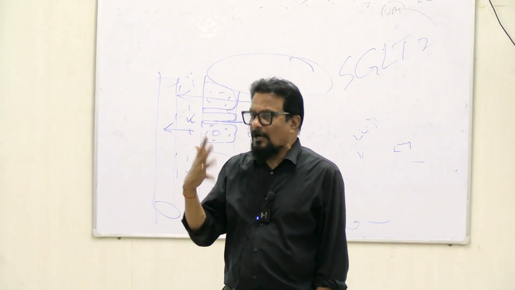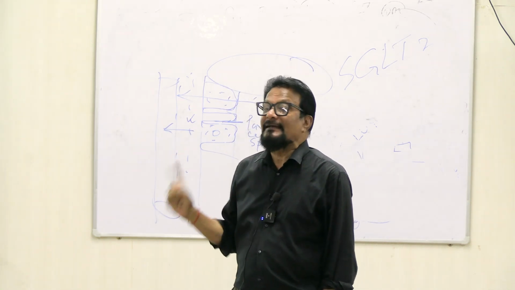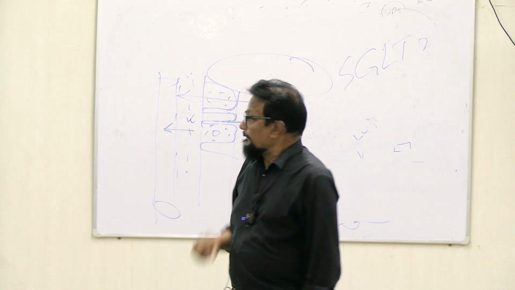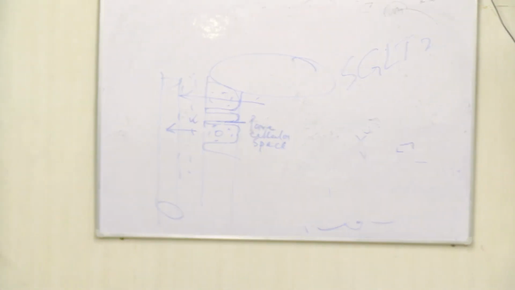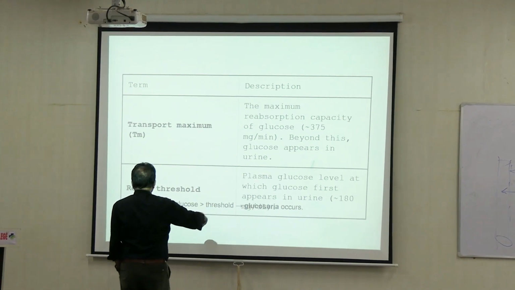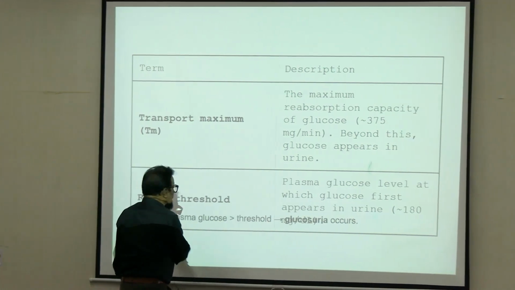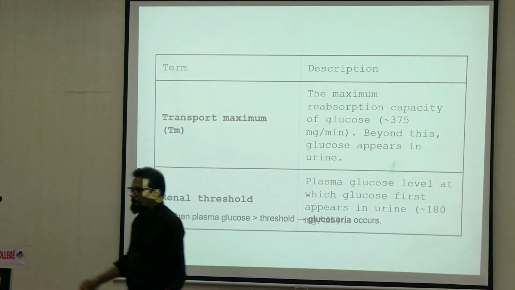Not deficiency, but their limited amount. So that is the transport maximum. The plasma glucose level at which glucose first appears in urine is called the renal threshold. So when it exceeds, there may be glucosuria.